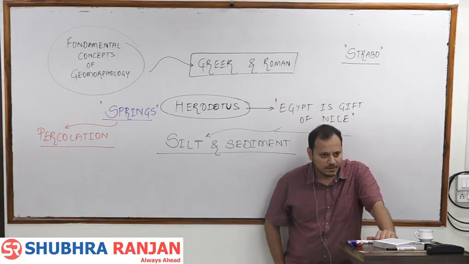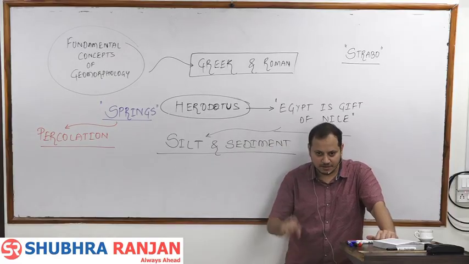Rise and the fall of the sea level. Matlab, what he is talking about? Submergence and emergence. Rise of the sea level and fall in the sea level.